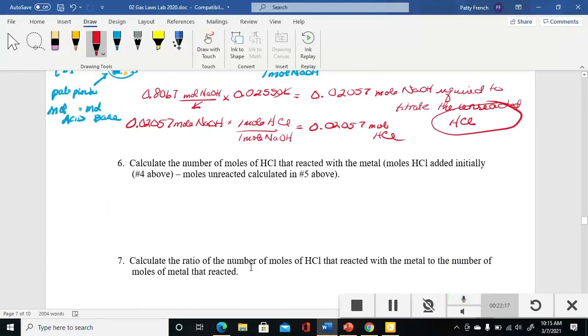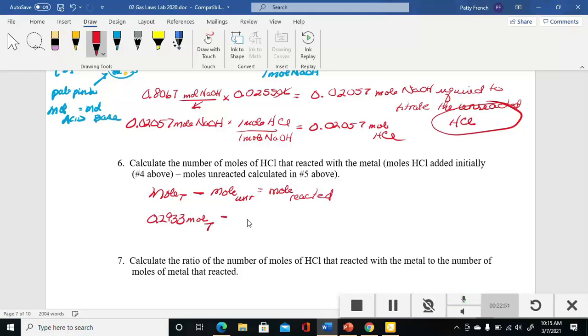So now we're simply going to find the number of moles that reacted. So remember, we said moles total minus moles unreacted equals moles reacted. So let's fill that in. From step 4, we had 0.2933 moles total.